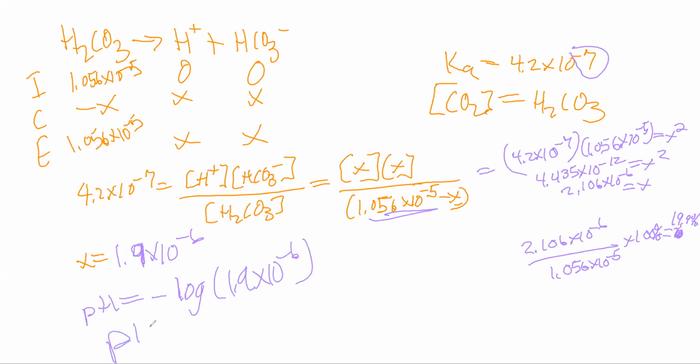And so what pH value did you guys end up with? 5.7. In this case, I'm going to put 5.72, because remember that when you take logs, your significant figures are the ones after the decimal point. So we start off with 2 sig figs from our value, so we're trying to keep 2 digits after the decimal.